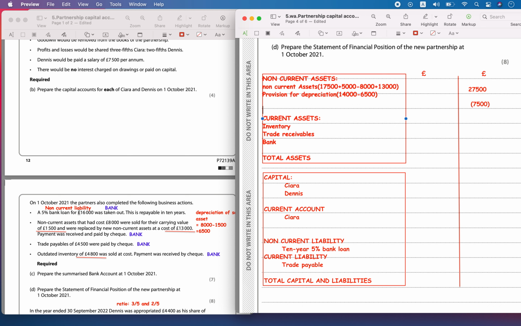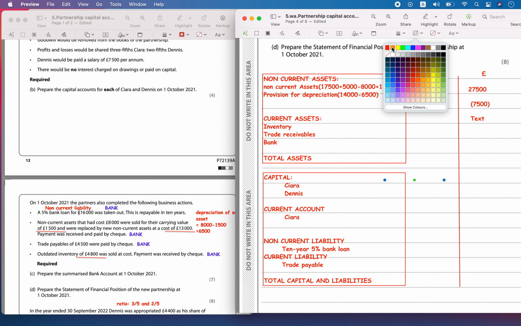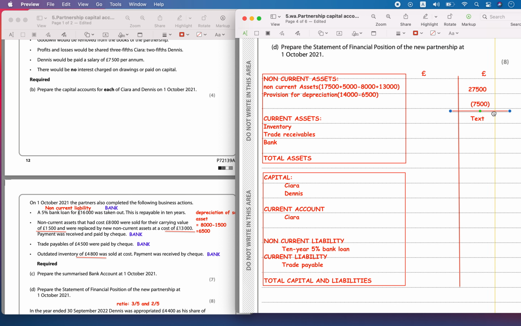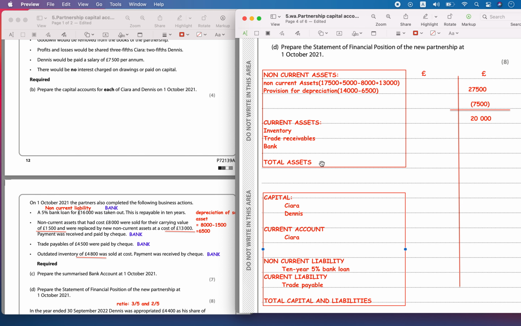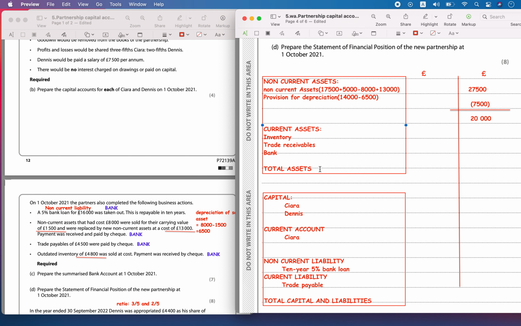Now because of that, let's add up and find out what is the total non-current asset. So the value will be equal to 27,500 minus 7,500, that is equal to 20,000. Then we have the current assets. Let's calculate the current asset value.